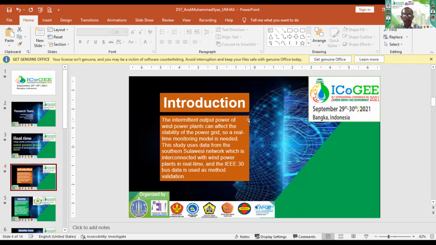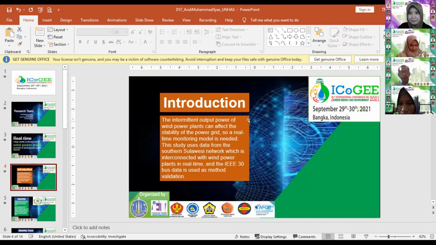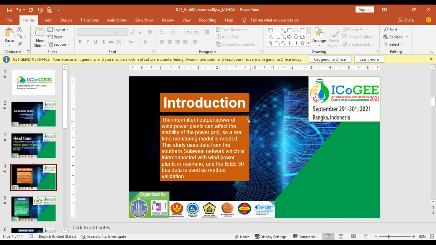Introduction. The intermittent output of wind power plants can affect the stability of the power grid, so a real-time monitoring model is needed. This study uses data from the Southern Sulawesi network, which is interconnected with wind power plants in real time. And the IEEE 30 bus data is used as method validation.